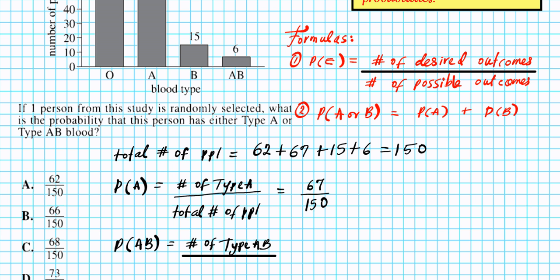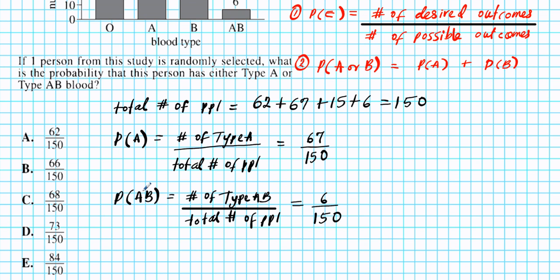Those are the possible outcomes. How many people have blood type AB? 6 people. Total number of people, 150.